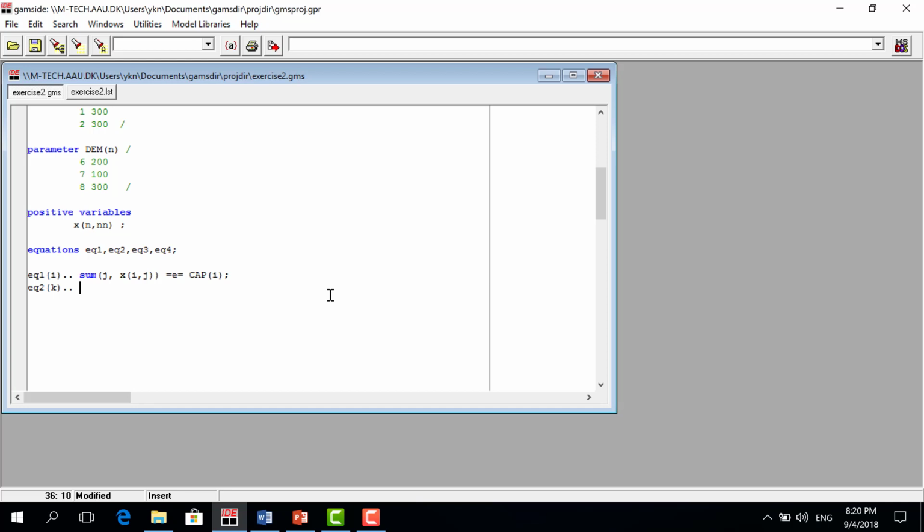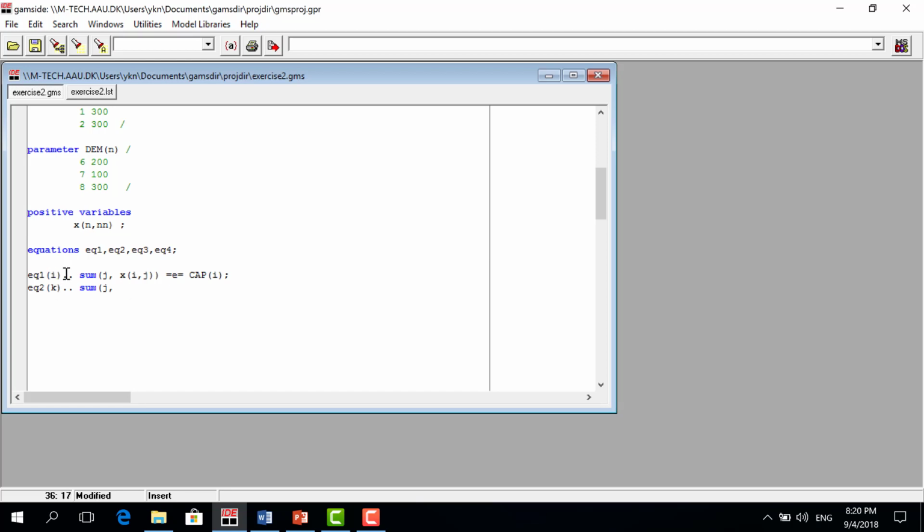The reason for putting I instead of j here in equation number 1, or k instead of j, is that we have already put j in the summation, and it is not possible to put j here as well, otherwise the index j would be doubled, which is not allowed in GAMS.